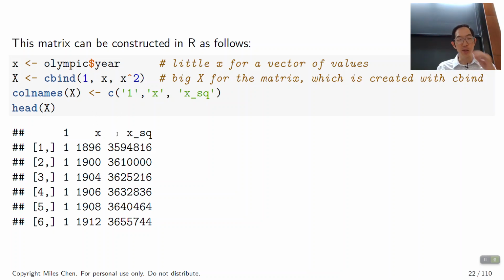And then I'll give column names, and this is just the first 6 rows. So I get 1896. 1896 squared is 3,594,816. 1900 squared is 3,610,000, and so on and so forth. And so these are our squared values here.